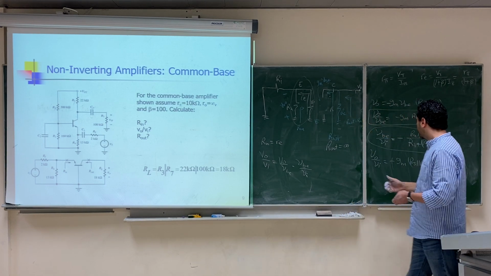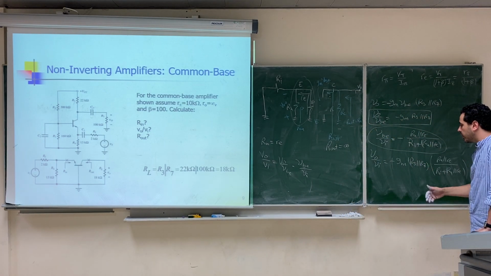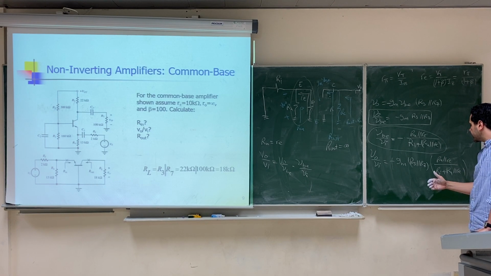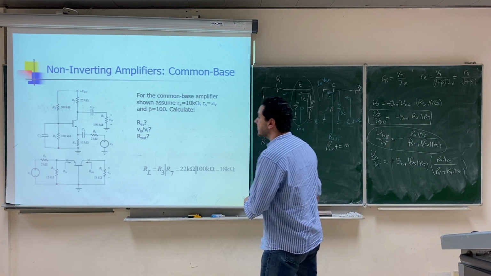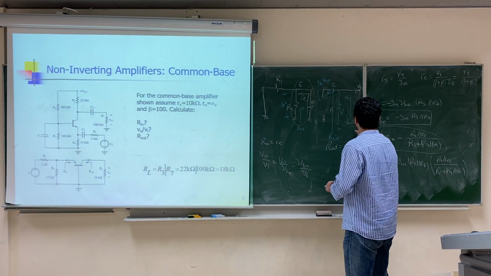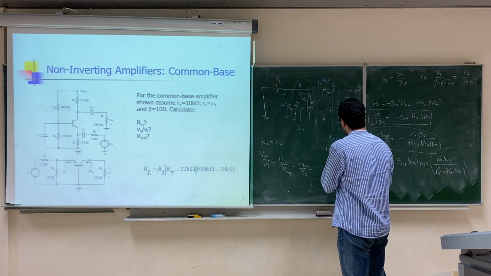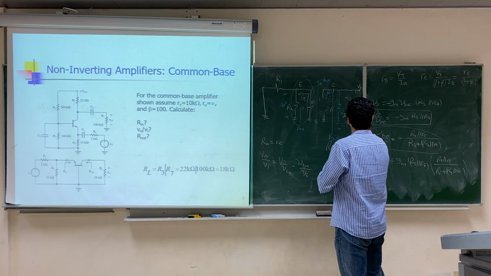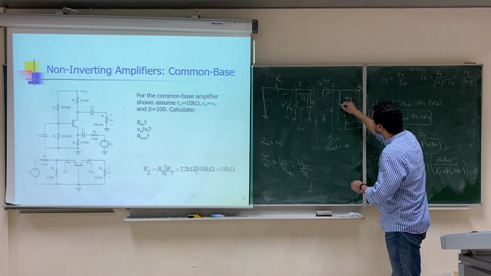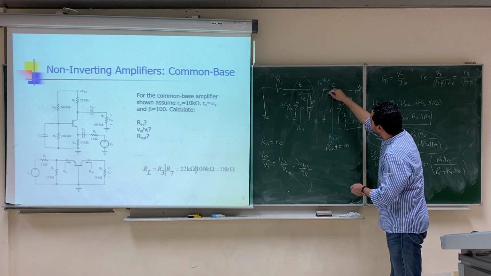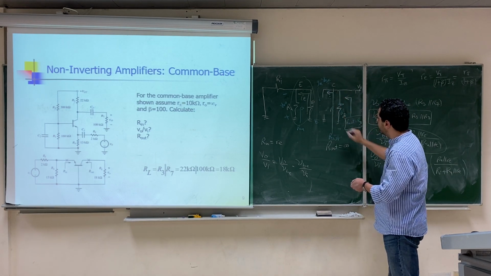So if you increase RC to increase the gain, here RC is called R3, by increasing R3, our output resistance will be R3 if you look at before this resistance, okay? If you look after this resistance, our output will be infinity.